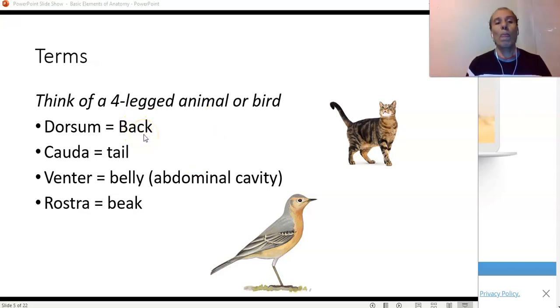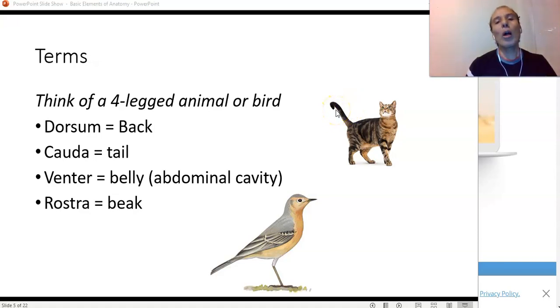From dorsum, you derive an adjective, dorsal. It has to do with dorsum. For example, fish. On top of it, there's a fin, and on the back, it's called the dorsal fin. As far as cauda, that means tail. So the cauda of the bird, cauda of the cat, that is the tail.